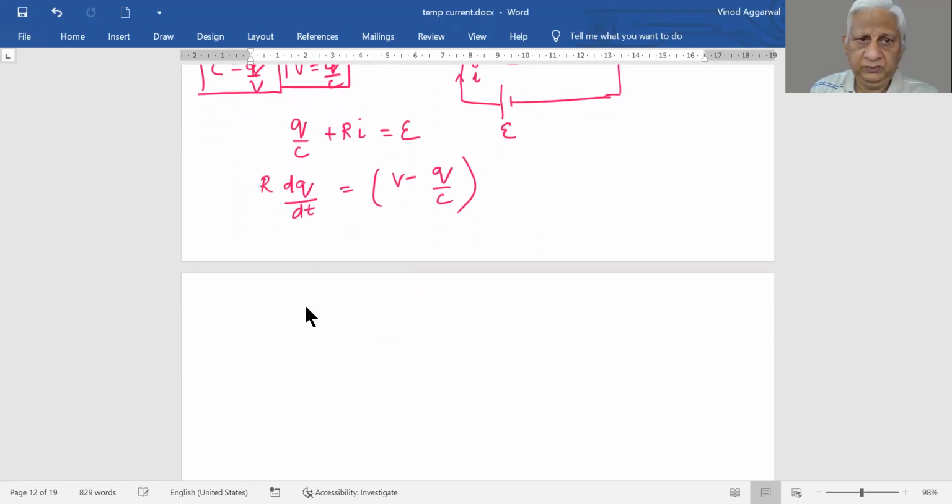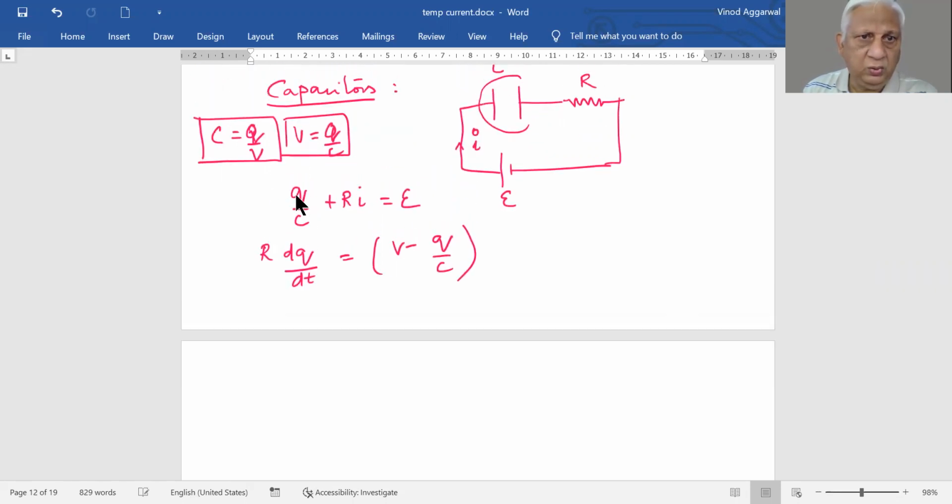And this differential equation, if we solve, what we will get is this, where Q is the charge on the capacitor at any time t. So this is the basic differential equation.